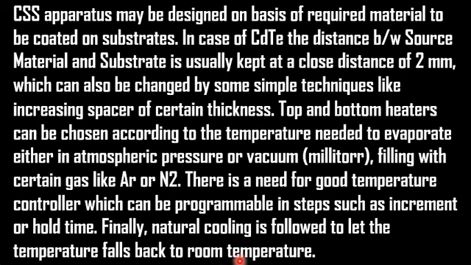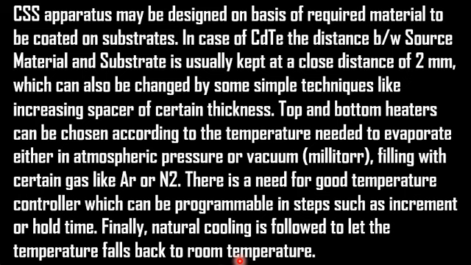Okay, the distance between the substrate and the precursor holder in a closed space sublimation apparatus is around 1 to 3 millimeter. This distance may vary depending on the melting point of the precursor material and also other requirements of the precursor as well as the substrate material.